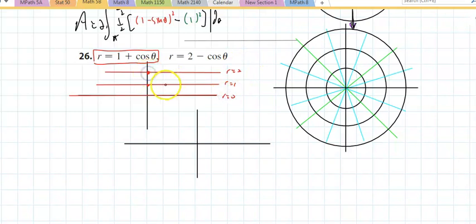Cosine starts at the amplitude, runs down to the amplitude, back to the starting point. And there is my graph.